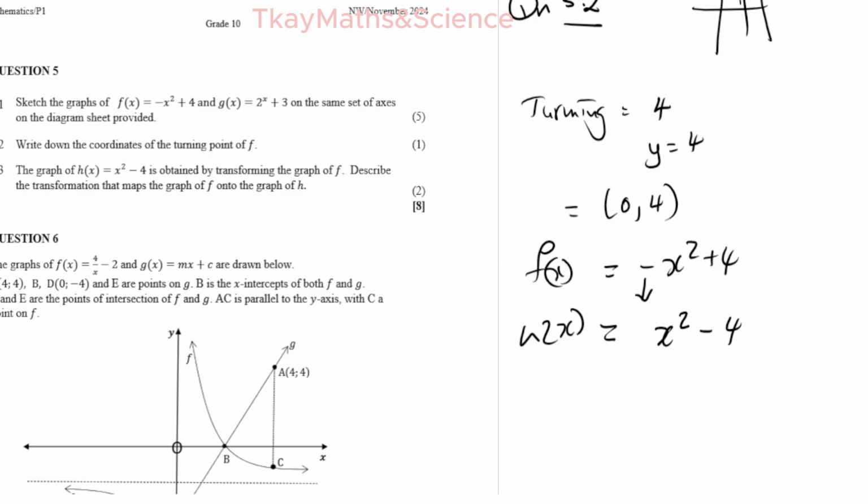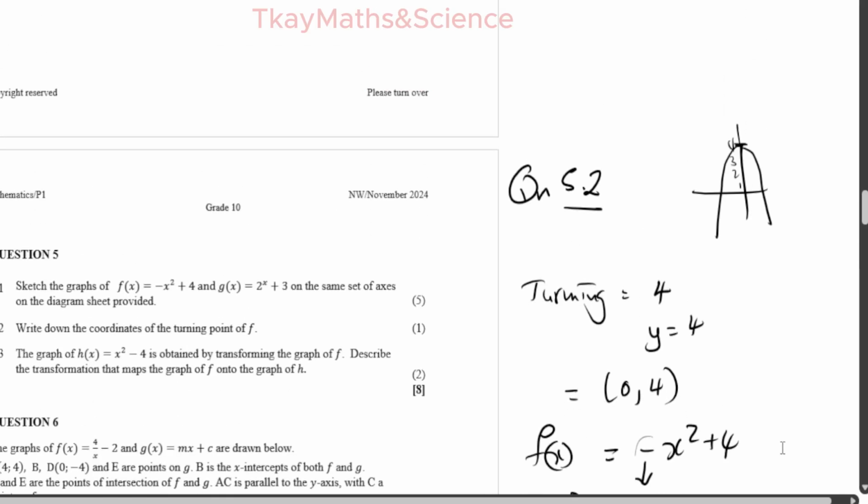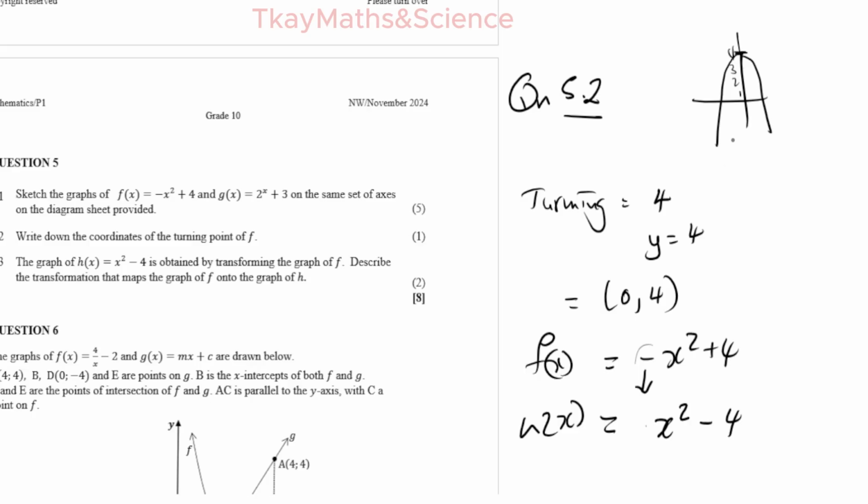So what are we going to do to this graph to make it like this? Now you see what they did here. It was a negative, now it's a positive, which means it's going to be a mirror reflection. It was like this, and the maximum value was 4.